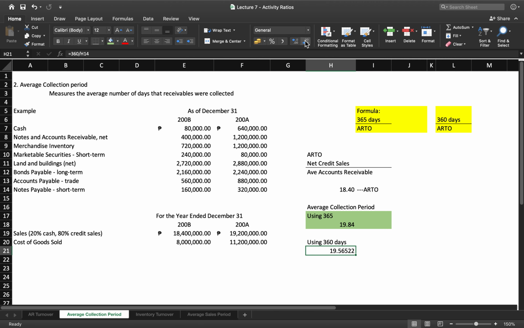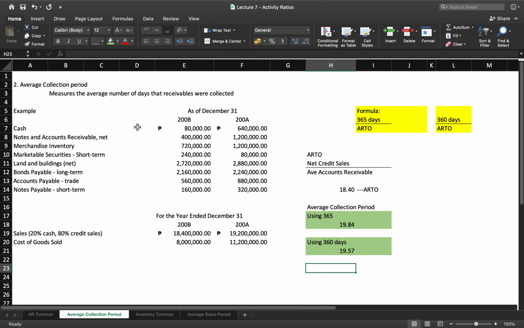Then, we're able to collect daw 19.57 days average. So, mas mabilis siya as compared with using 365 days. So, again, if ever in the examination, I suggest if there's no answer, try using 360 days. So, this is our average collection period.